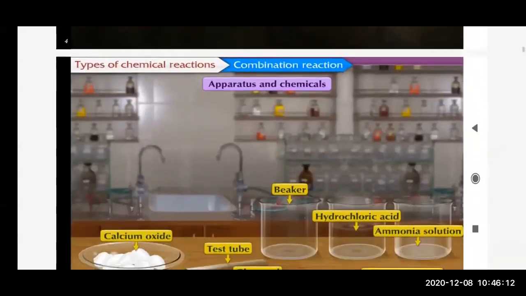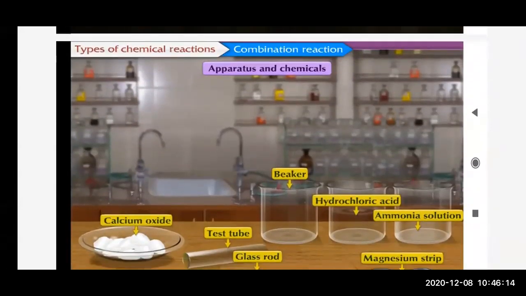Now see, before understanding the meaning of combination reaction, we are going to go through some activities to understand in more detail.